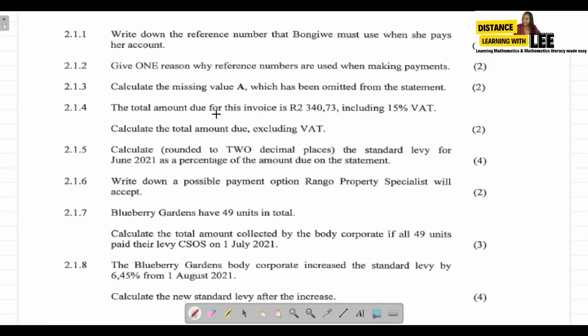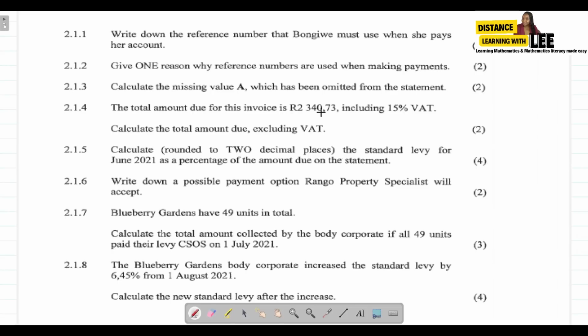Next question, Question 2.1.4. The total amount due for this invoice is 2,340 Rand and 73 cents, including 15% VAT. Calculate the total amount due excluding VAT. Guys, when we analyse financial documents, you are always calculating VAT, so you need to get into the habit of understanding how you calculate your VAT.